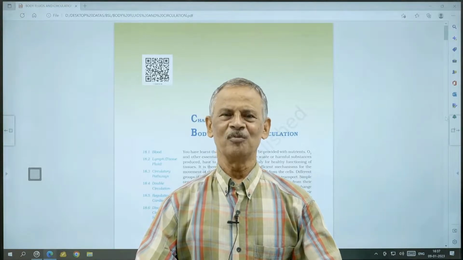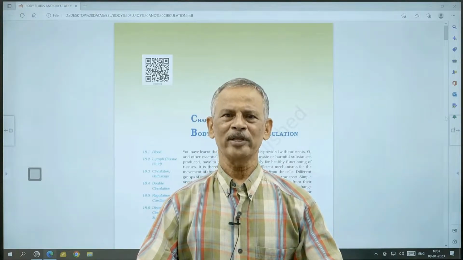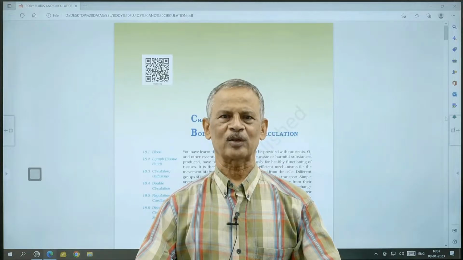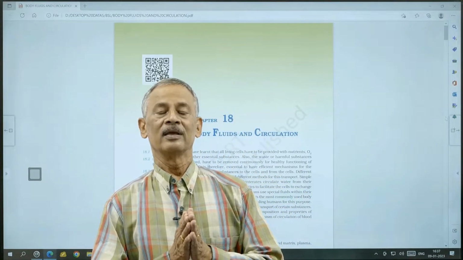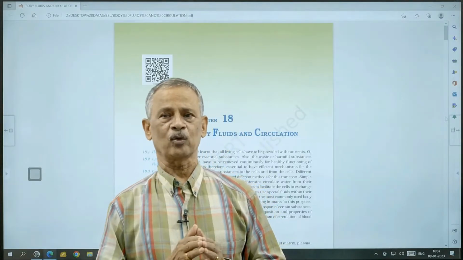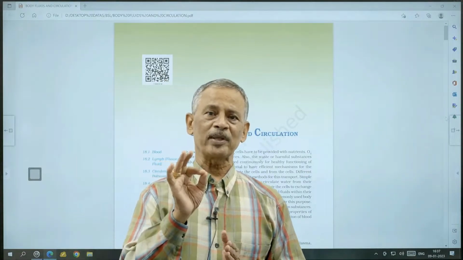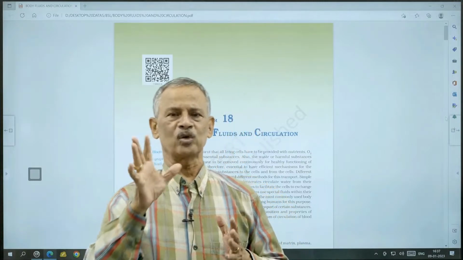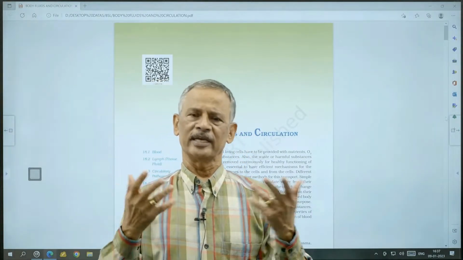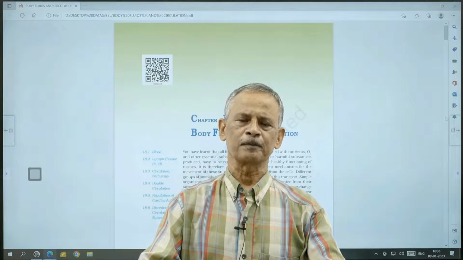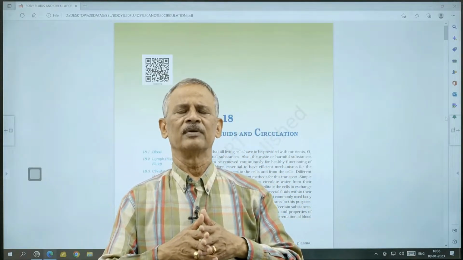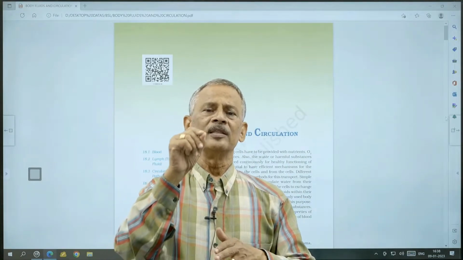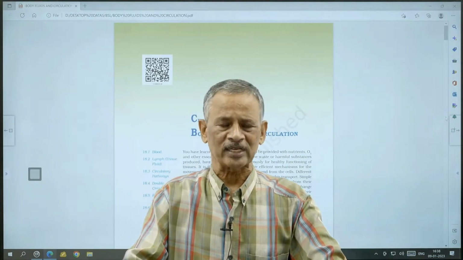Today we'll be discussing the chapter Body Fluids and Circulation. We know that every cell of our body requires a continuous supply of oxygen and nutrients. Then only energy will be produced continuously. And as a result of these metabolic activities, respiration, there will be the production of some byproducts.